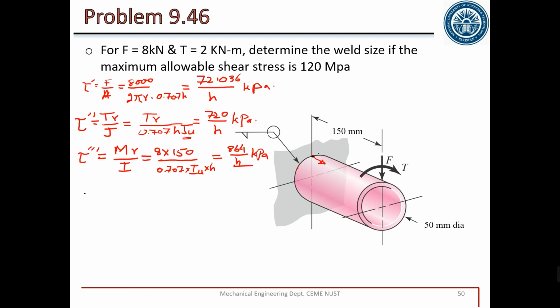The secondary shear is equally distributed at all points. At this point, the direction of secondary shear is in this direction, parallel to this axis. Tertiary shear is parallel to this axis, and primary shear is parallel to this axis.